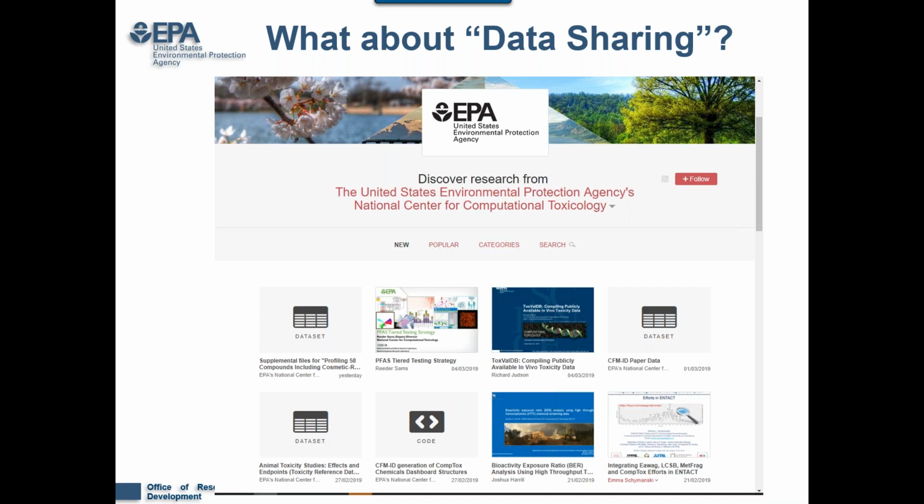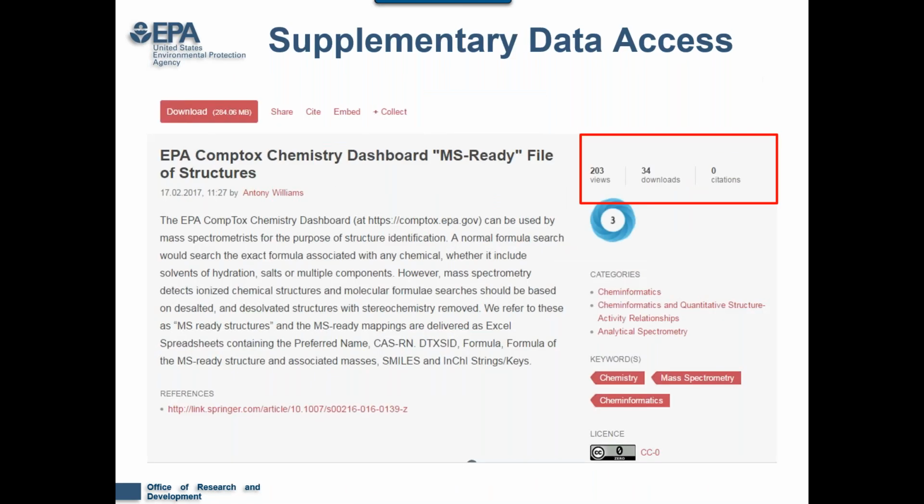So the profiling 58 compounds, top left-hand corner, that data set gets uploaded, gets DOI'd, people can download it and use it. You can then see how much your data is used. So that little blue donut I'll talk about shortly, that's an altmetric score that comes from altmetric.com.